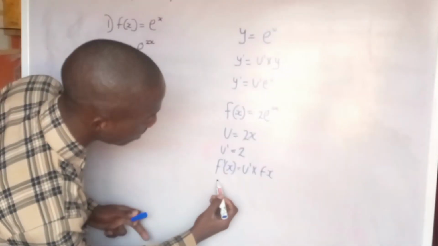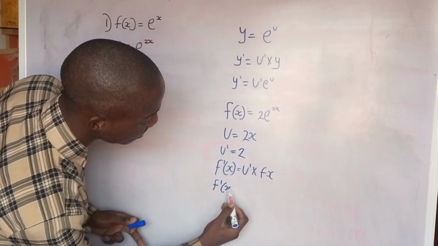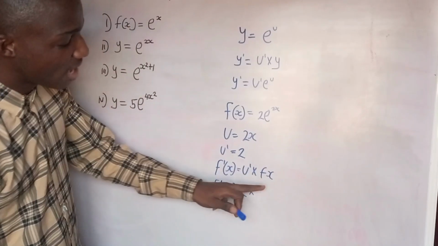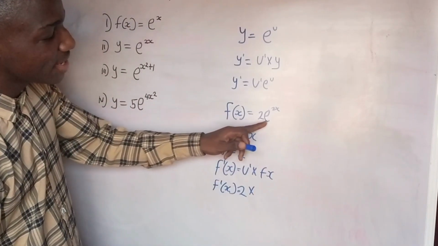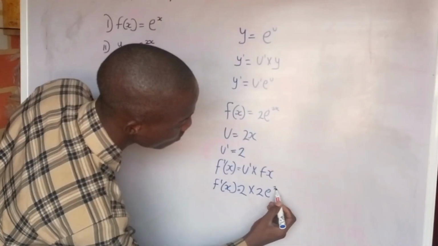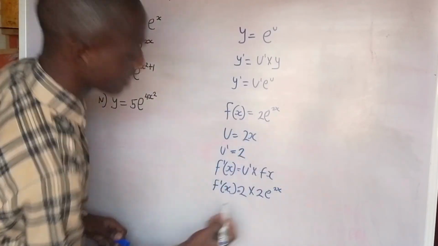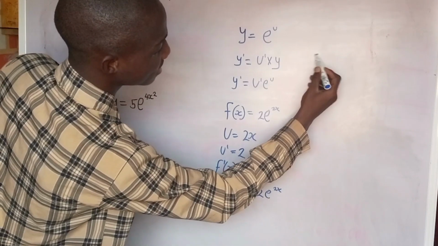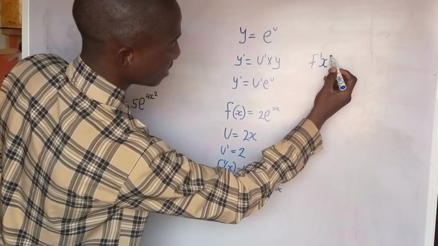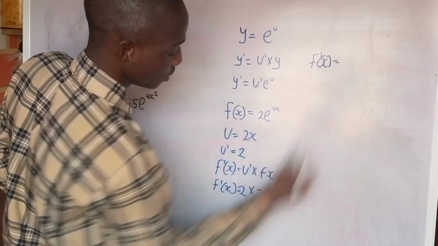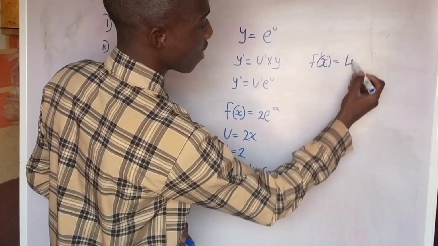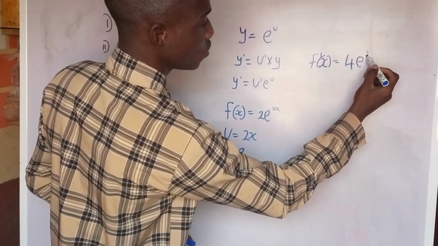So I'm going to have the first derivative of f(x) is equal to 2 multiplied by f of x, which is 2e^(2x). So 2 multiplied by 2e^(2x). That is 4e^(2x).